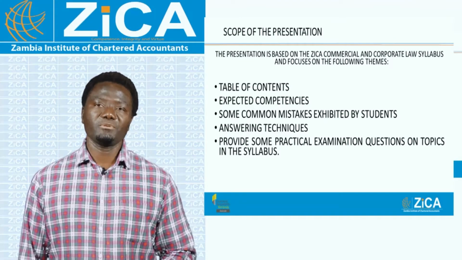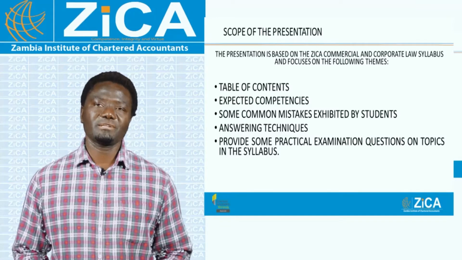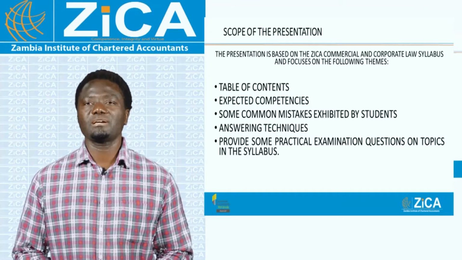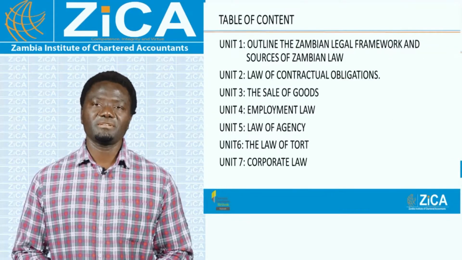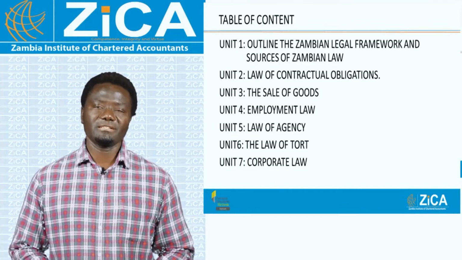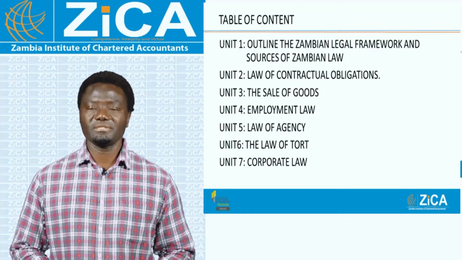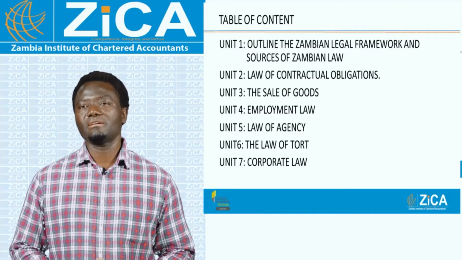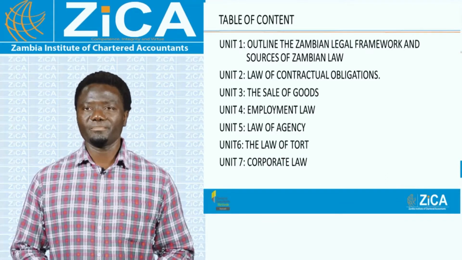And then 4th, we are looking at some answer techniques that we have prepared to guide you on how you are supposed to go about answering your examination questions. And lastly, we are going to provide some practical examination questions on topics on the ZICA syllabus on the CA1.4 program.